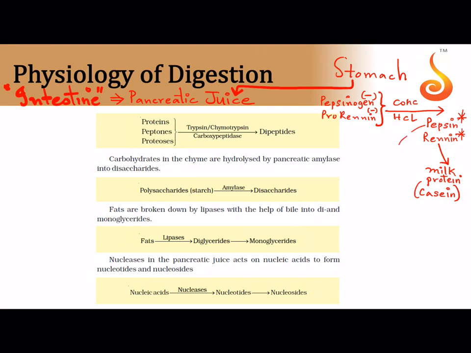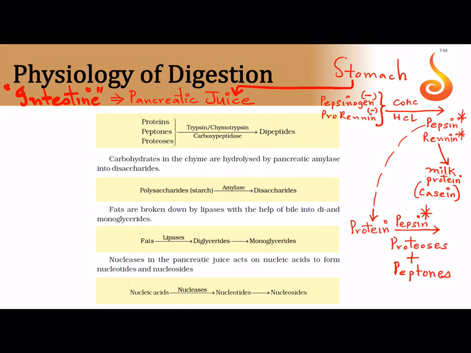Now what does pepsin do? Pepsin acts on the protein that you have chewed and swallowed, the protein that is present in your food. Remember that pepsin has now become activated because of concentrated HCl. The protein gets broken down into derived proteins that are called proteoses plus peptones.